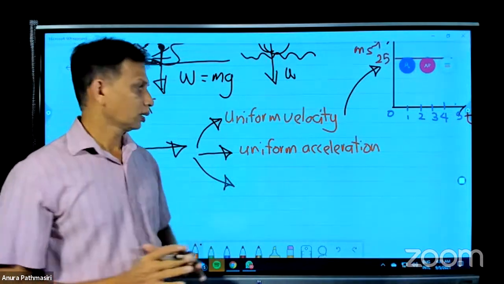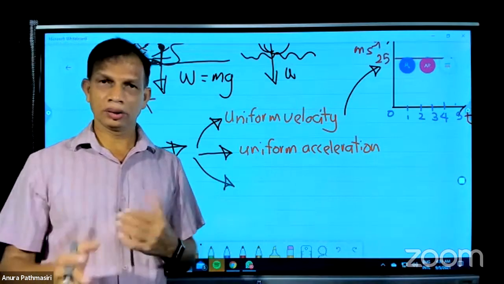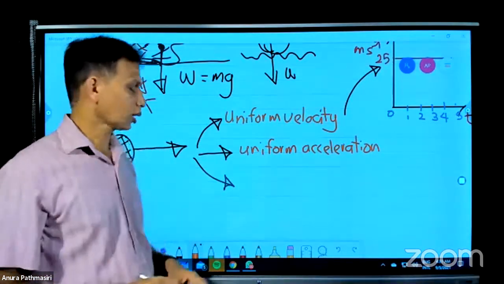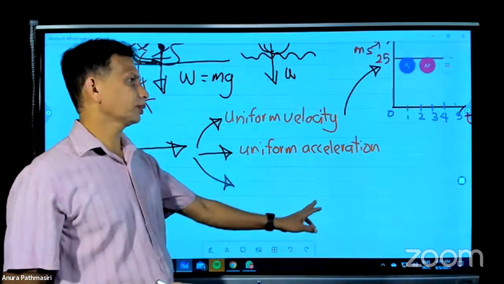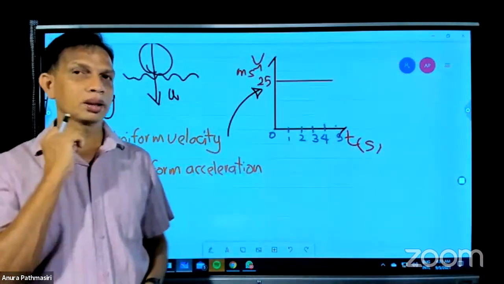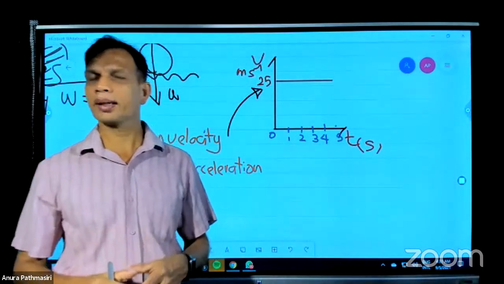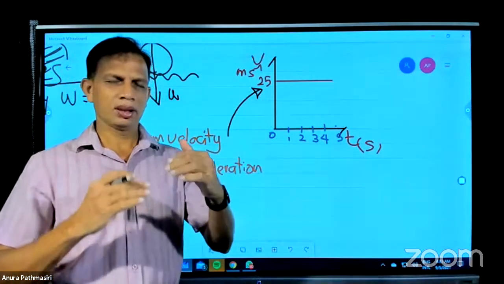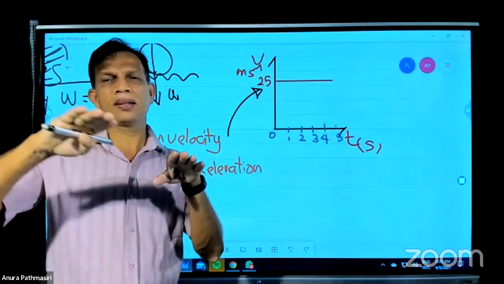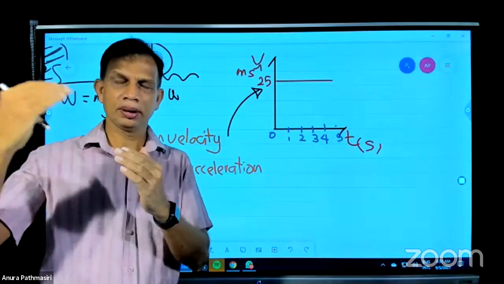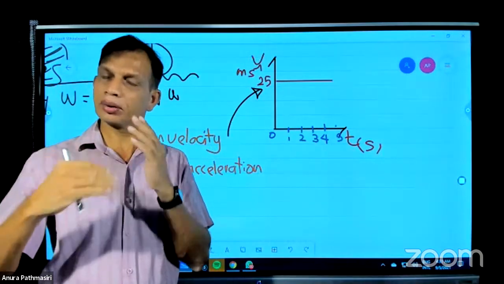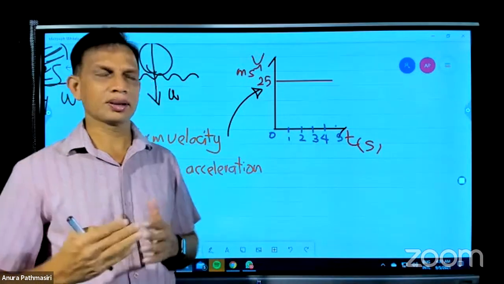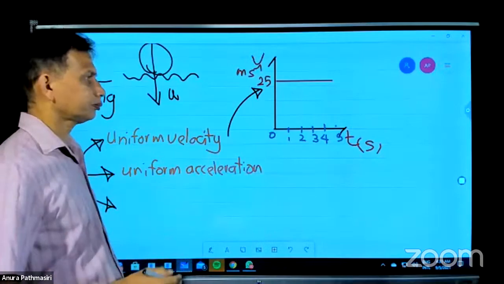That means there is non-uniform acceleration as well, but we are not going to study the motion that has non-uniform acceleration in our grade 10 syllabus. It's variable acceleration. It does not maintain the same rate of change of velocity.